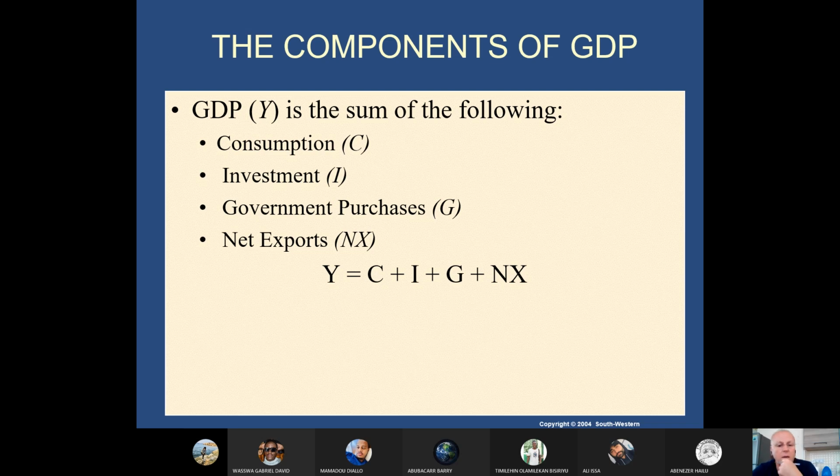Net exports here means the total amount of exports sent to other countries, and imports from other countries are subtracted from each other, and we get the net export.